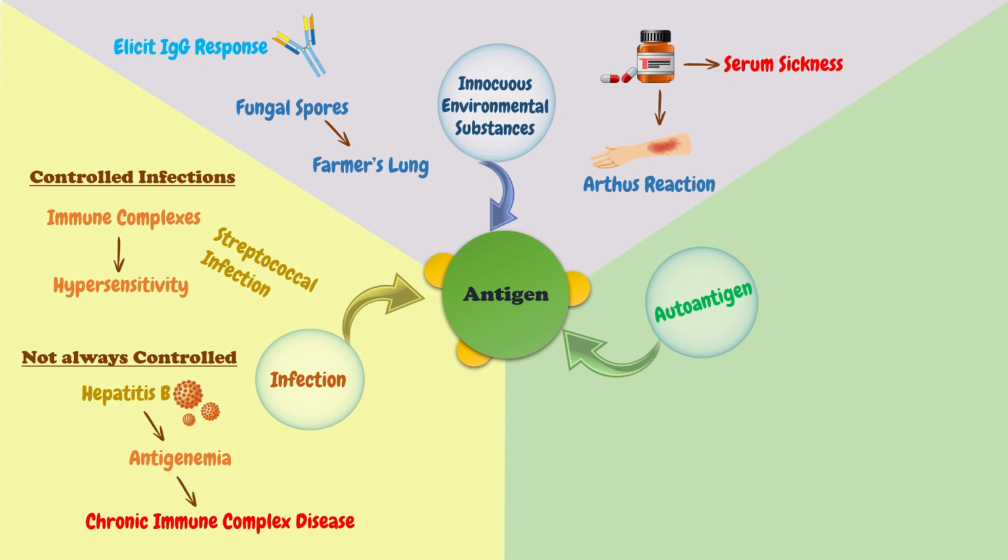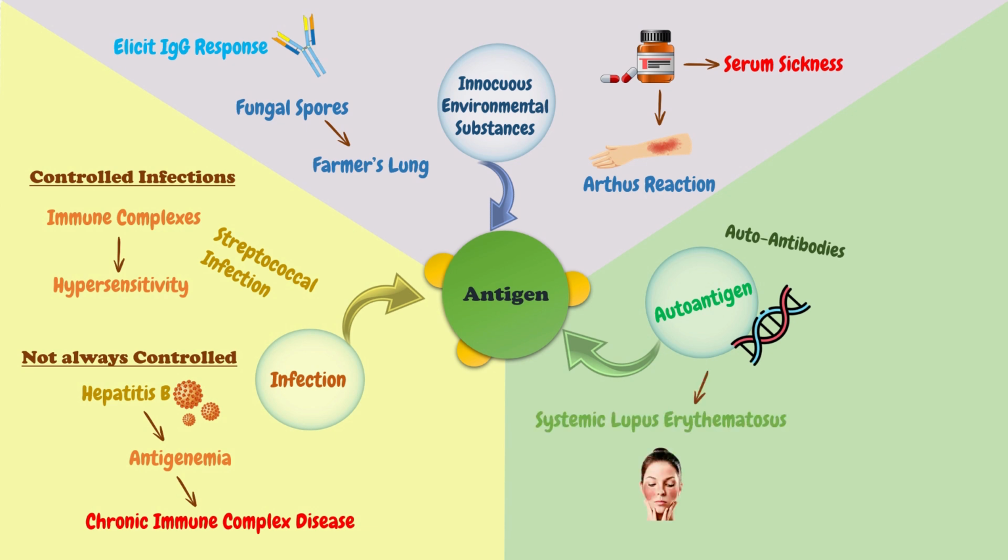Now, the third type was autoantigen. Well, autoantigens can only cause immune complex disease in the presence of autoantibodies, an example being DNA as an antigen in systemic lupus erythematosus, or SLE, which is the most prevalent immune complex disease. Normally, innate immune system mechanisms are responsible for clearing DNA.